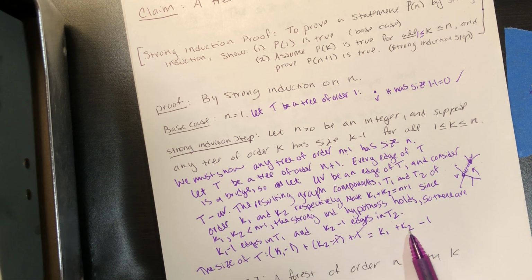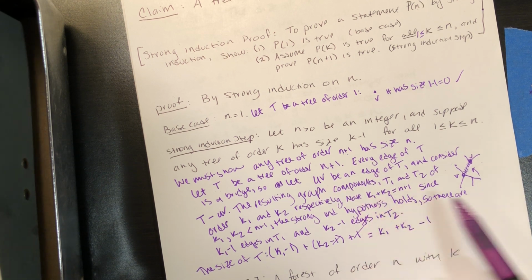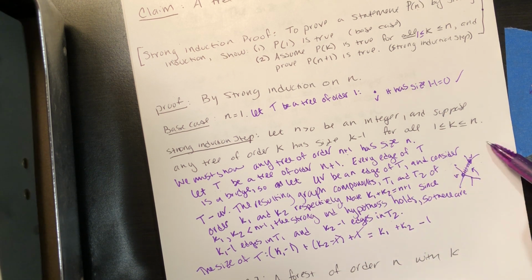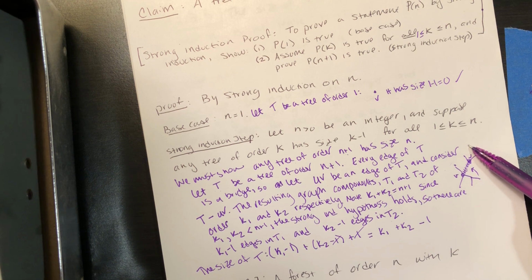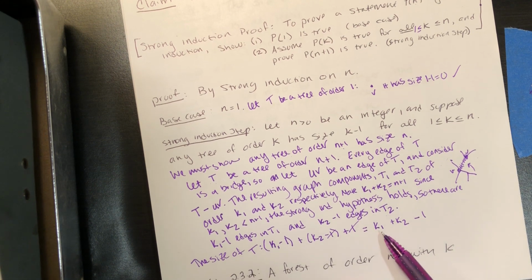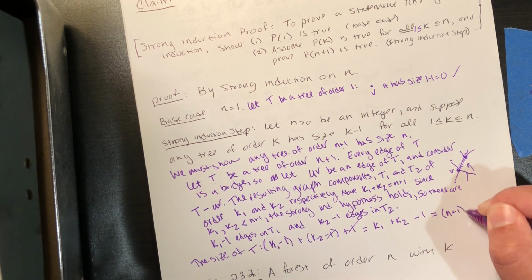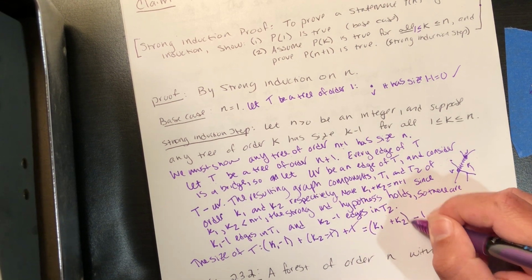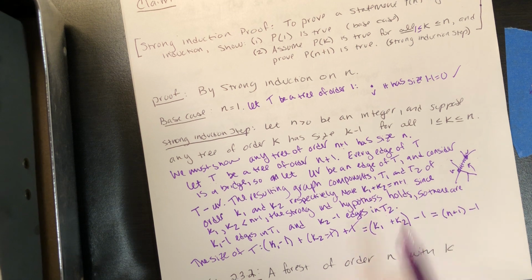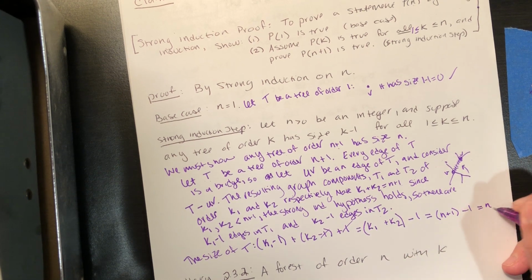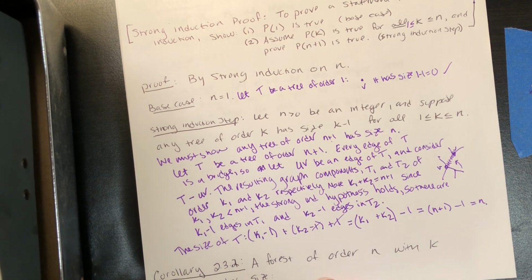But remember, we had also said that K1 and K2 added together gives you n plus 1, because the vertices of this component plus the vertices of this component account for all the vertices in the entire original tree. So this is really equal to n plus 1 minus 1, because K1 plus K2 is equal to n plus 1, which finally simplifies to n.